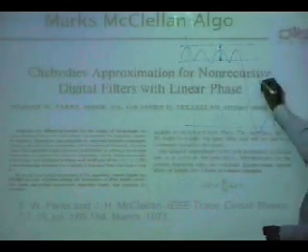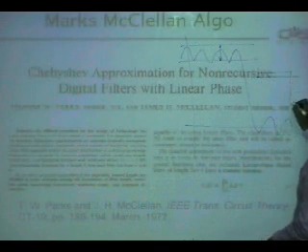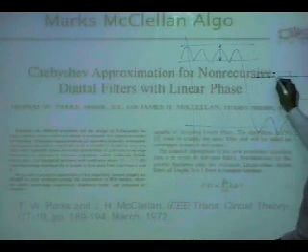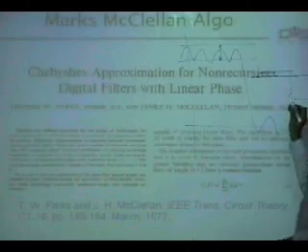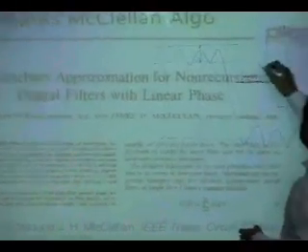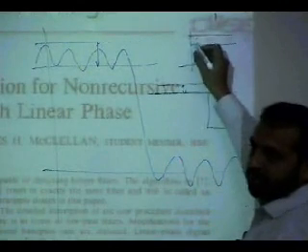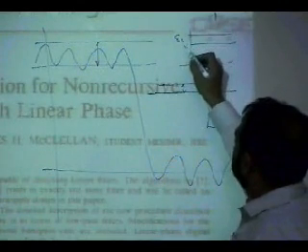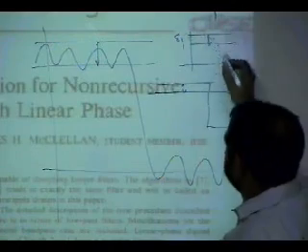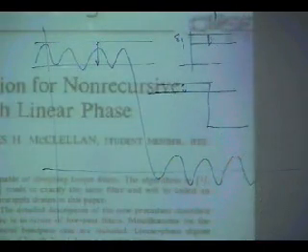So if something is like this, where your desired is this, then this is the error. And you may have this band, for example, this is your delta 1 band.